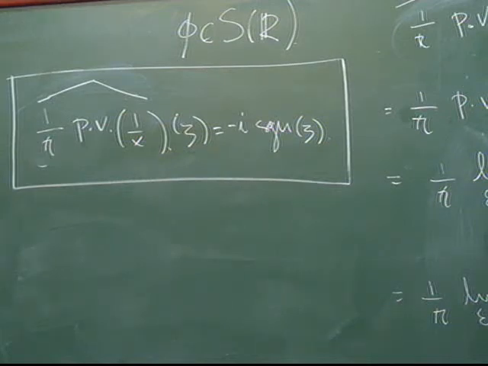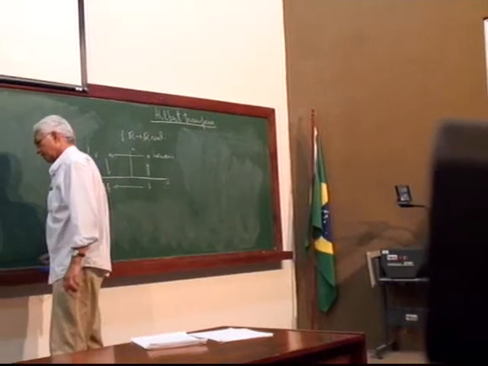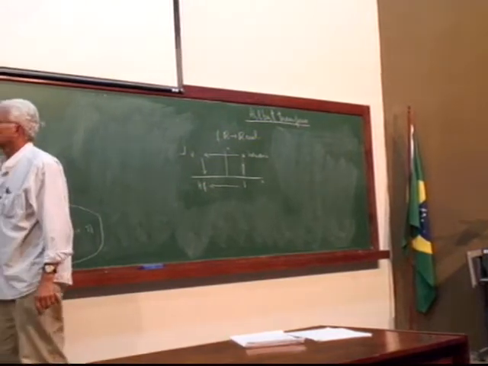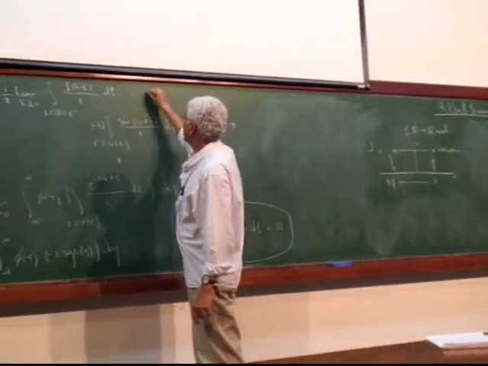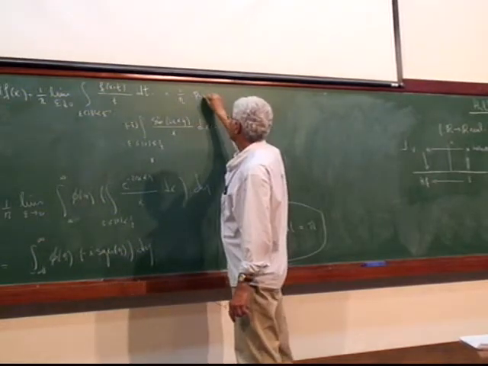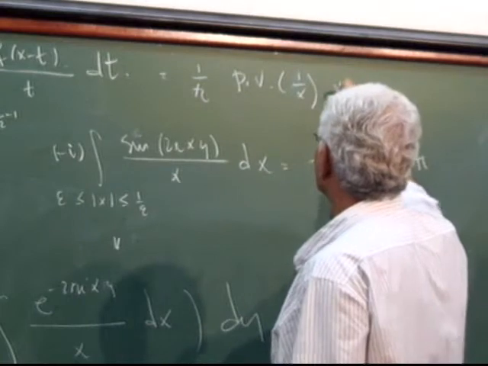We need this graph, but we don't need this formula anymore. Therefore, we can go here. The Hilbert transform is this, that is exactly 1 over pi, the principal value of 1 over x, convolution with f.